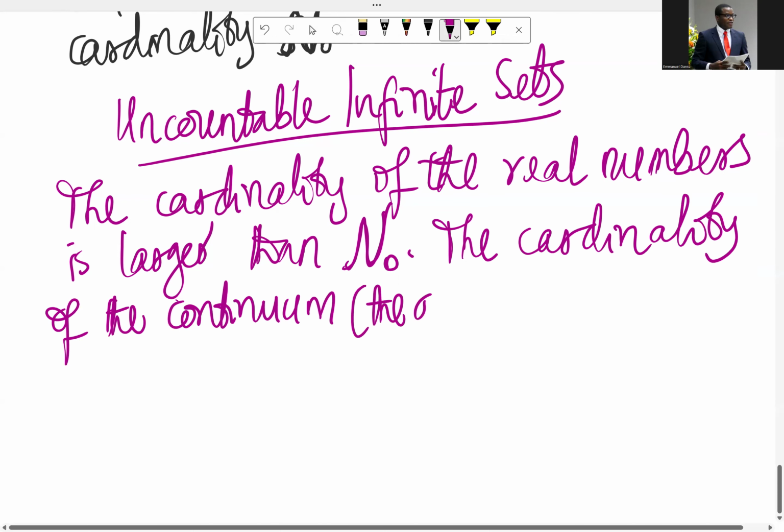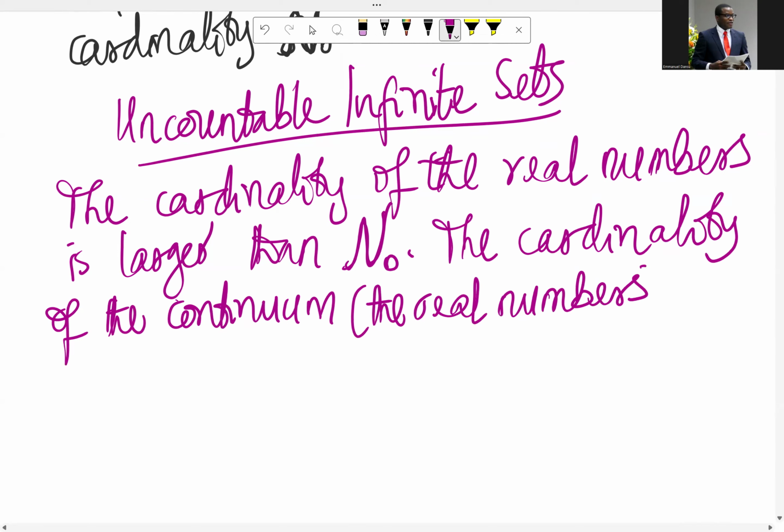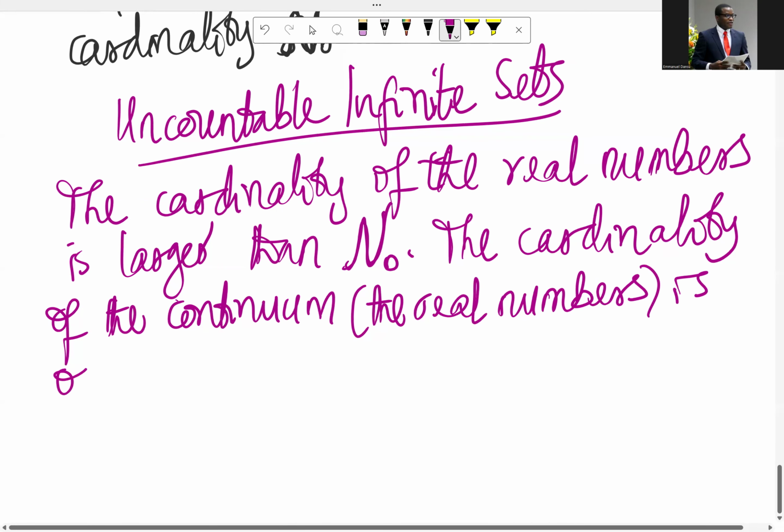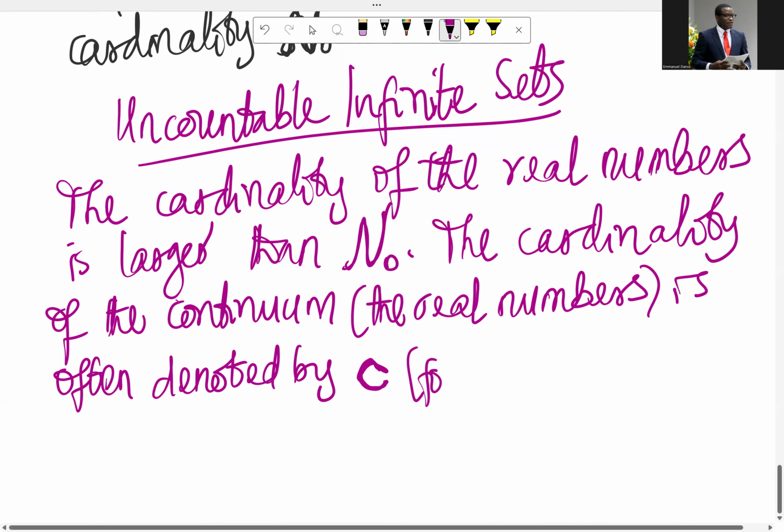is often denoted by a special kind of C, which stands for continuum.